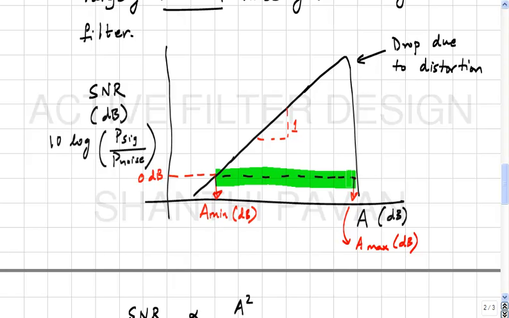right. If the input signals are too small, then you can't make any sense of the output of the filter simply because the output signal is being dominated by noise generated internally within the filter.